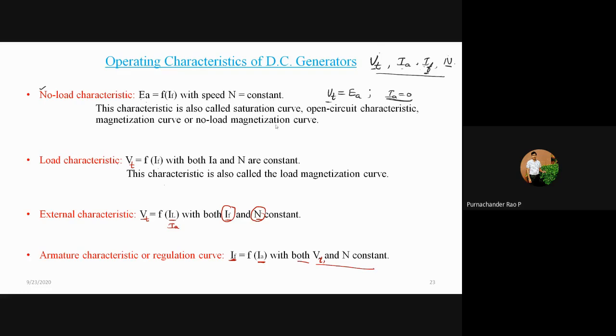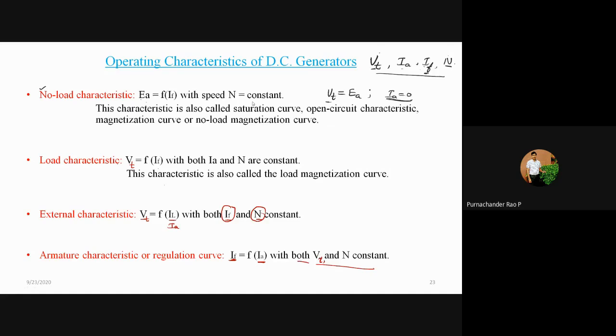So this characteristic is called a saturation curve because after a certain value of the field current, your terminal voltage is going to be constant, whatever may be the field current. So that's why that is called saturation has been reached.